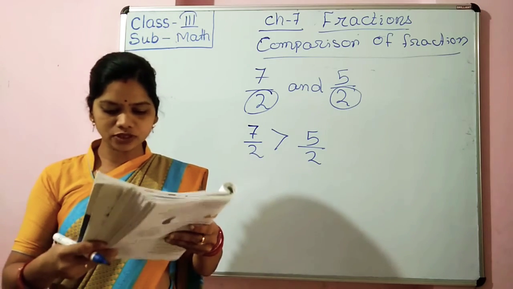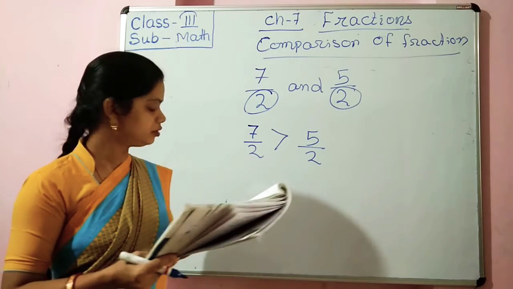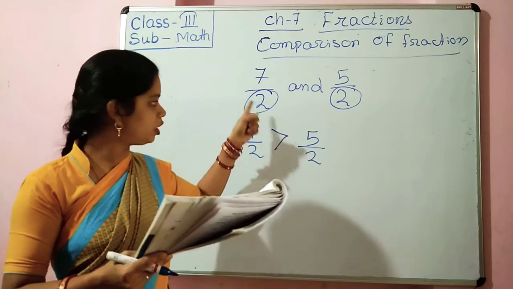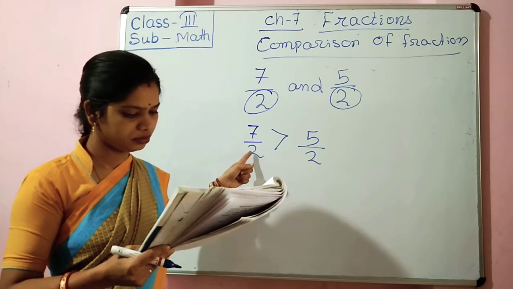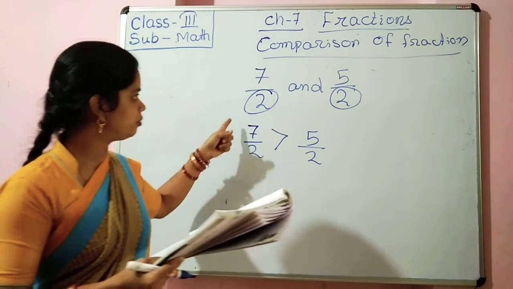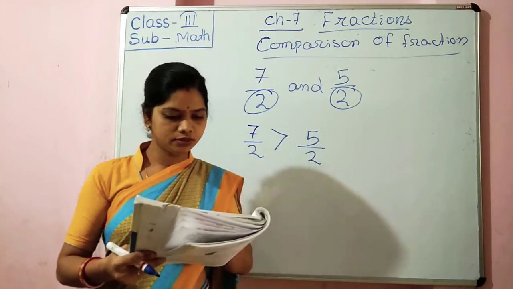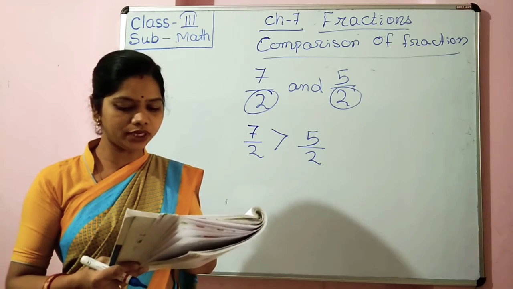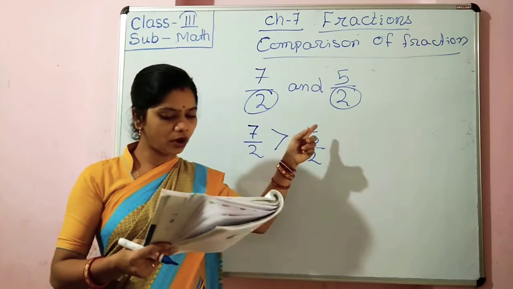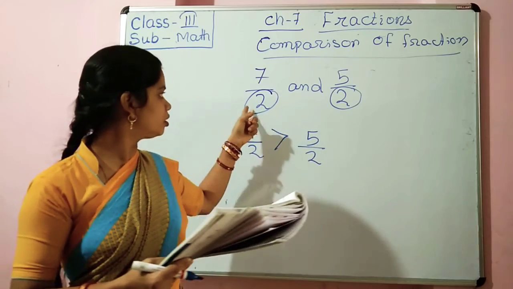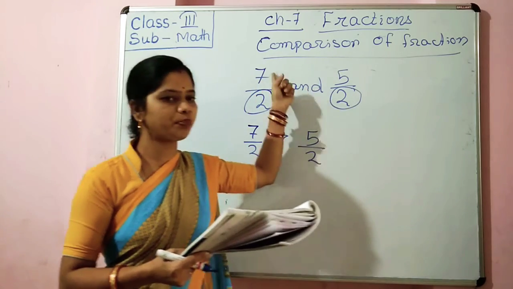The fractions have the same denominator but the numerator is different: 5 and 7.